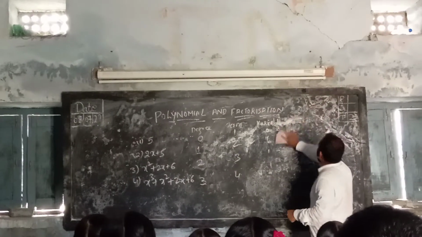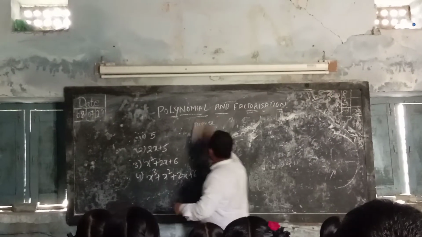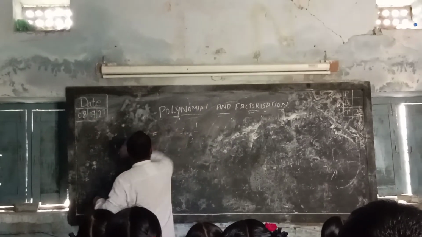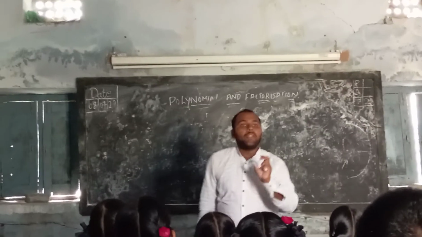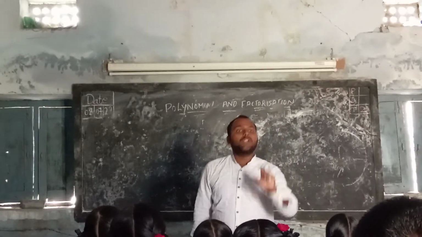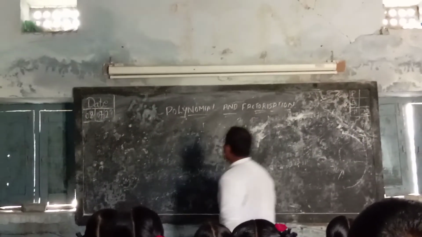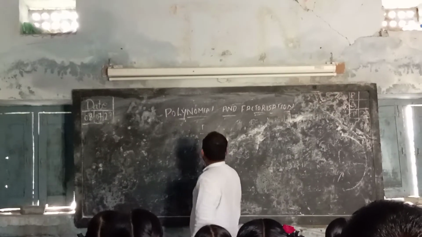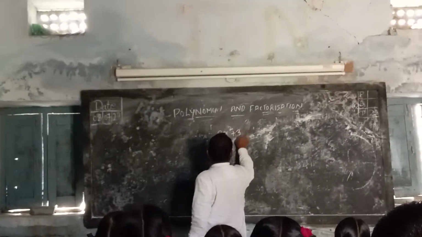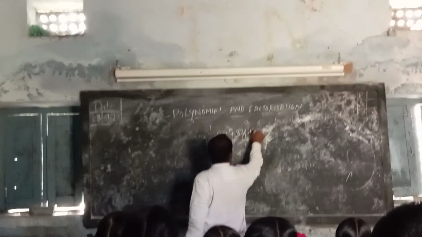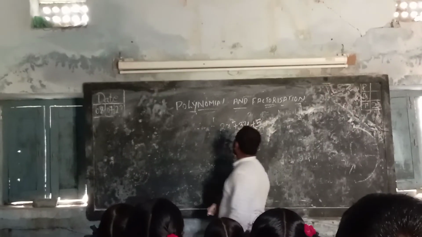Let us see the combination of polynomials. If there is a combination of 2 variables, how do we find the degree of that polynomial? For example, 2x square plus 3y plus 5 is given.